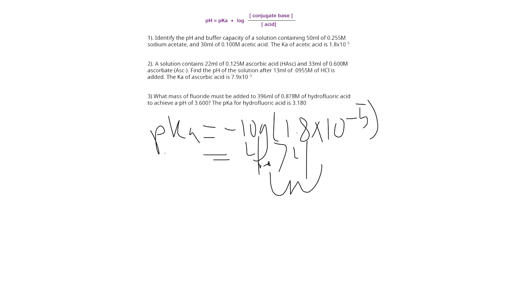Basically, this is significant always, but your true significance is determined by what's after the decimal point. So in this case, 7.4 is 2, but 4.74 all in total for log rules is still two significant figures because we count after the decimal point. Okay, so we found that, and now we're going to find the moles.